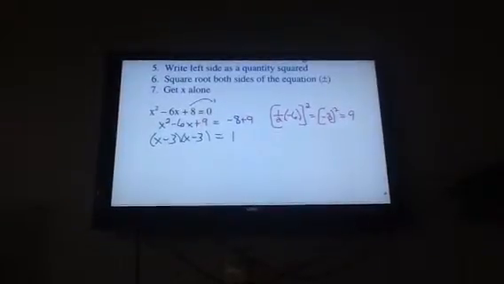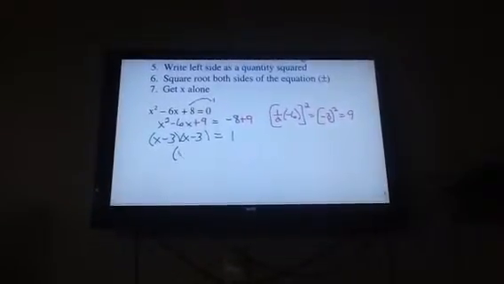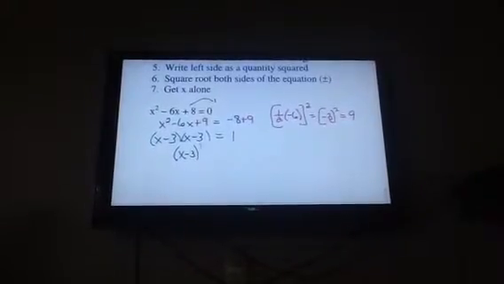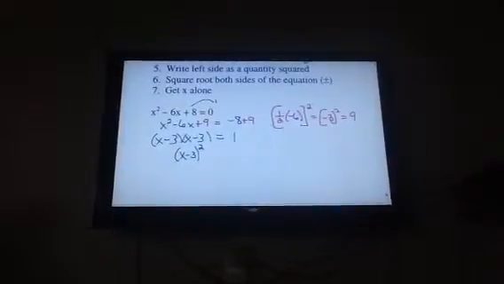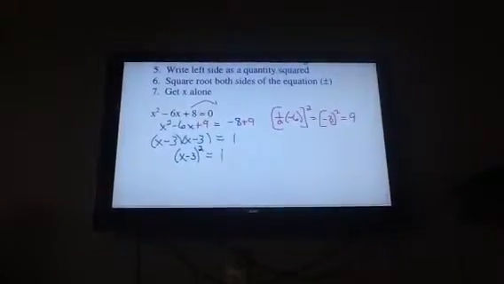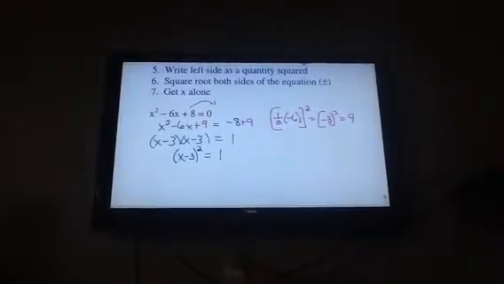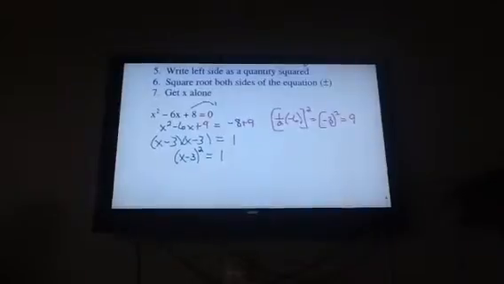x minus 3 times x minus 3 can be written as x minus 3 squared. So we're writing the left side as a quantity squared equals 1. And then it looks like the problems you just did. Square root both sides. Apply the square root method.